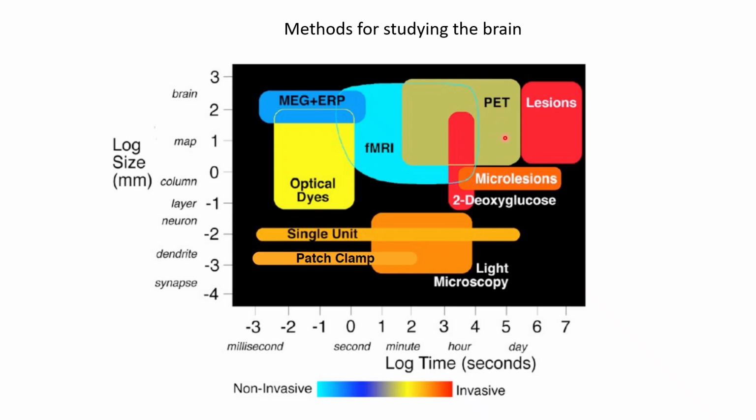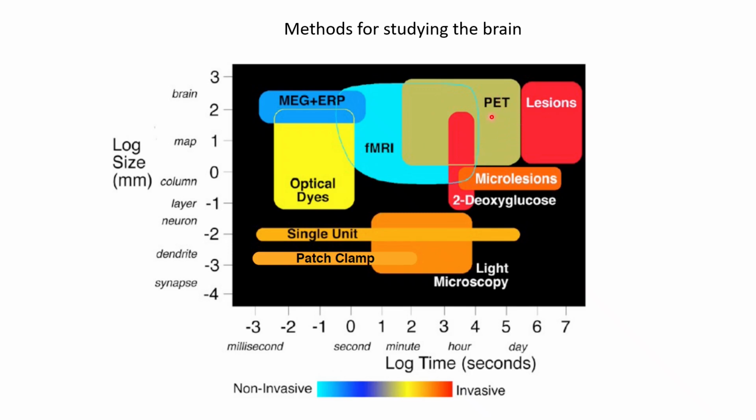So it's an indirect way of knowing which parts of the brain are active, and then based on what the person is doing at that time, the activity of the brain can be correlated with the function, and that can tell us something about what that part of the brain is involved in.